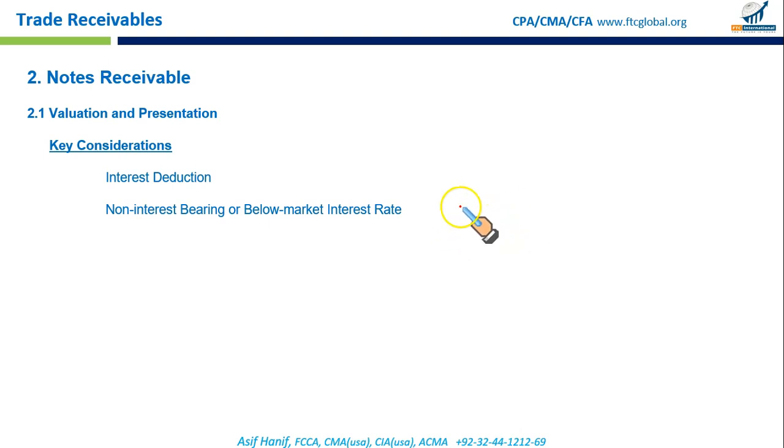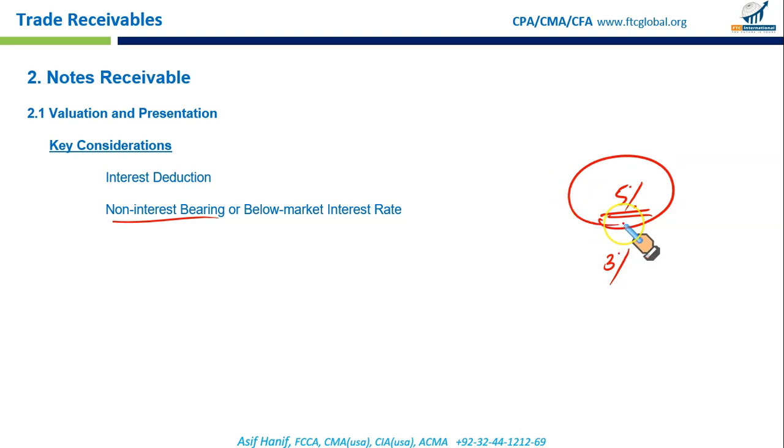Yes, if the note doesn't bear interest, or maybe it carries a rate lower than the market rate, like currently the market rate is 5%, but the note bears 3%. Right now, this is an issue. The market rate is higher. Or maybe if it's a non-interest bearing note, then what do we do? What we do is use the market rate to adjust the note's value.